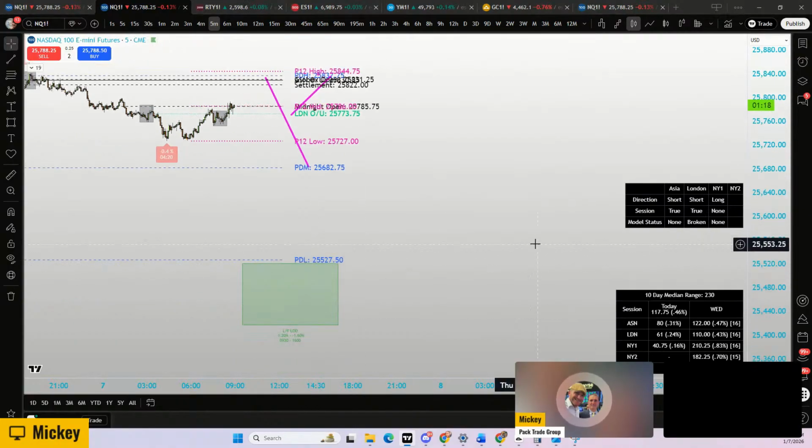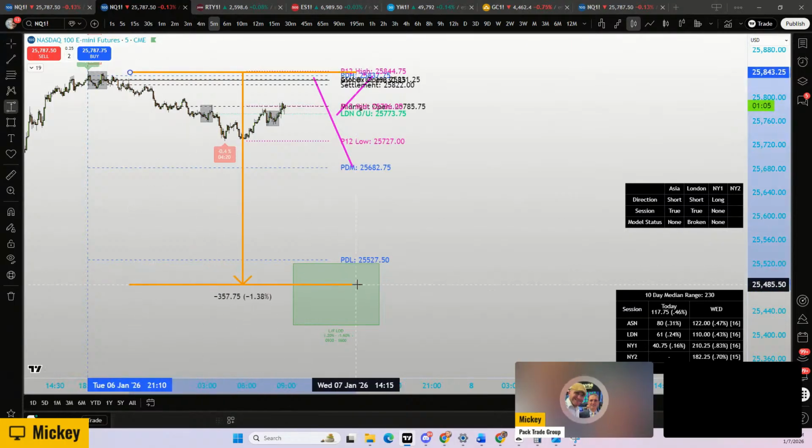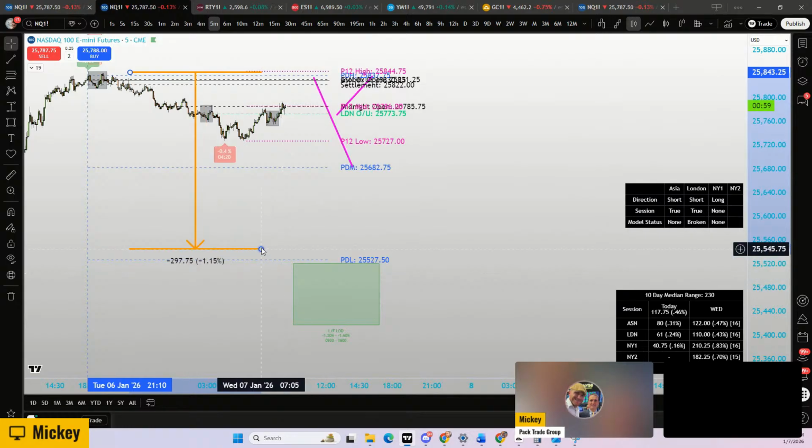That's for a long false, and that puts us below previous day low. Problem is, do we have any news out there to expand volatility that high? For us to do that, from this high of day to low of the day, volatility has to expand. And right now, the 10-day median range is 230, so this is unlikely, right?